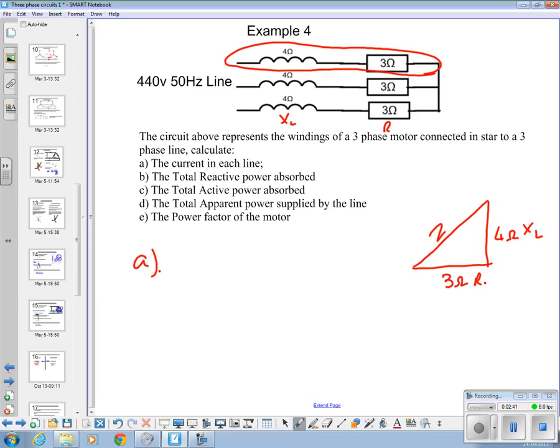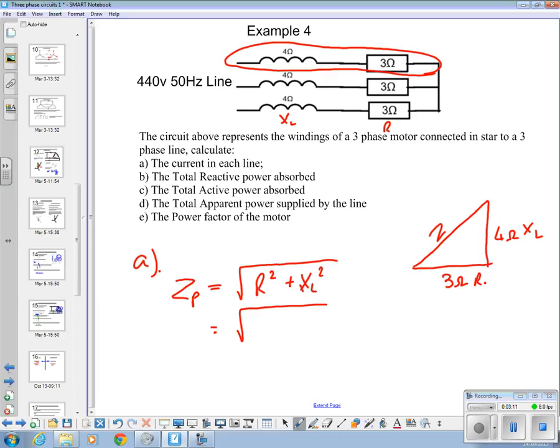So, we can say Z for each phase, we're talking about the phase impedance now, just isolated one phase, must be the square root of R squared plus XL squared, must it not?